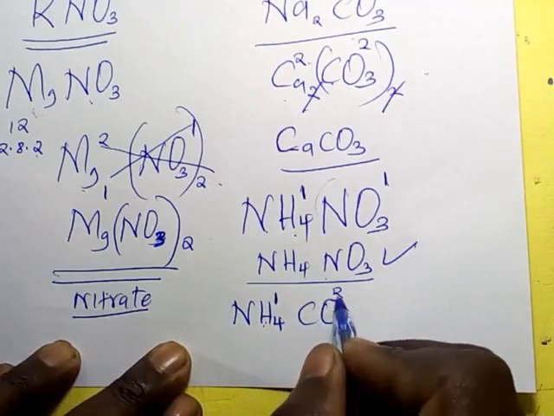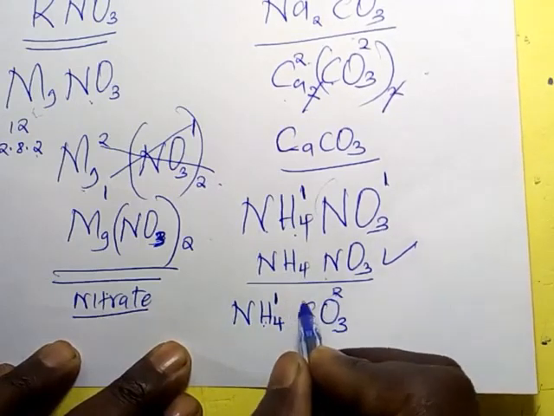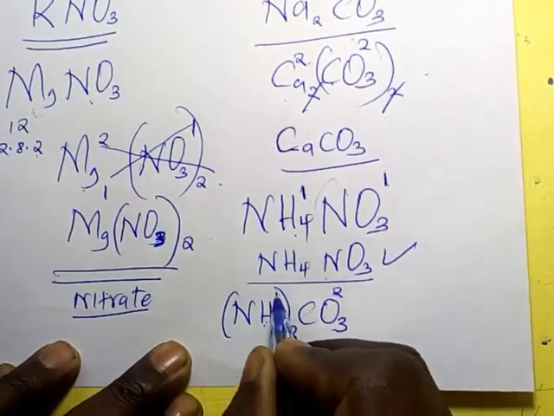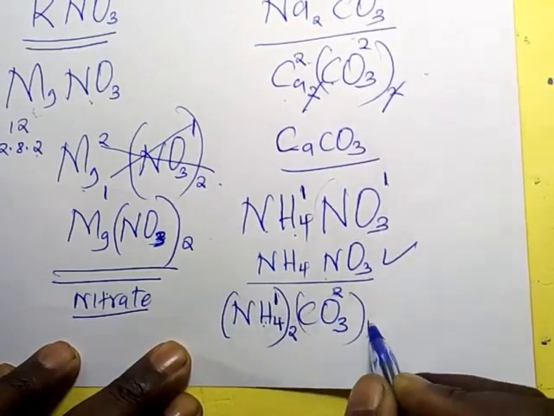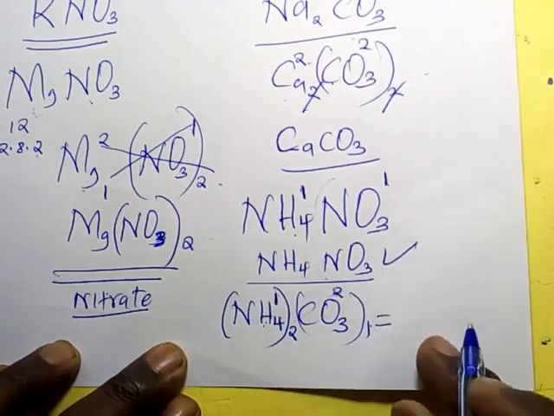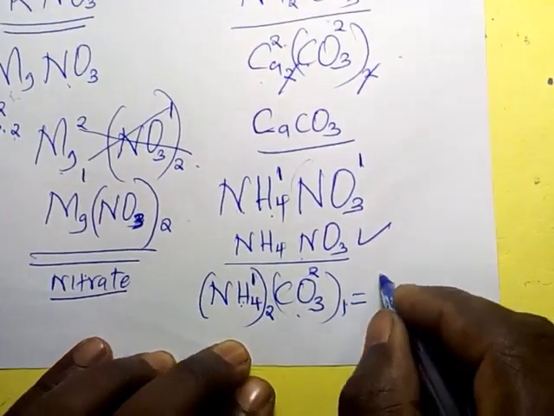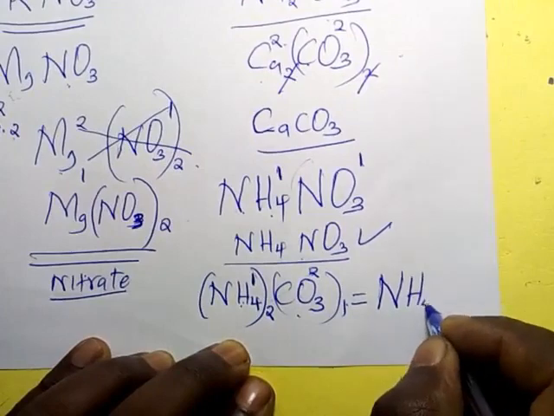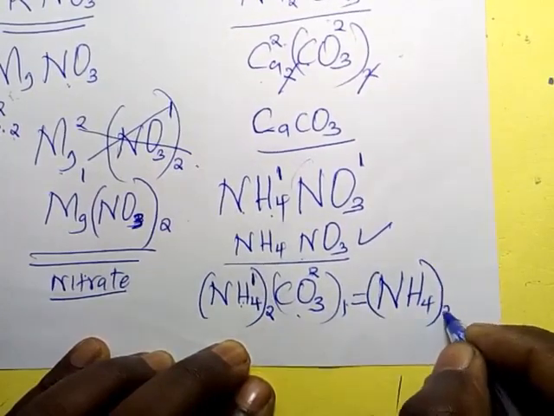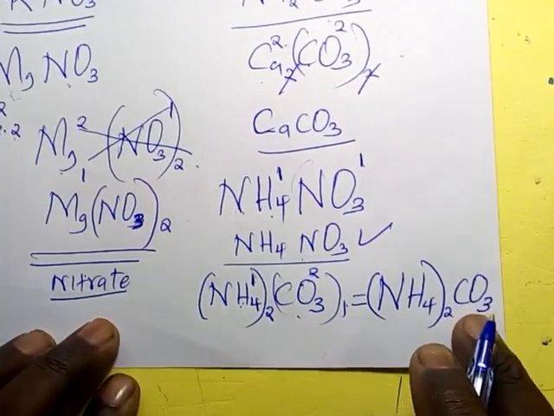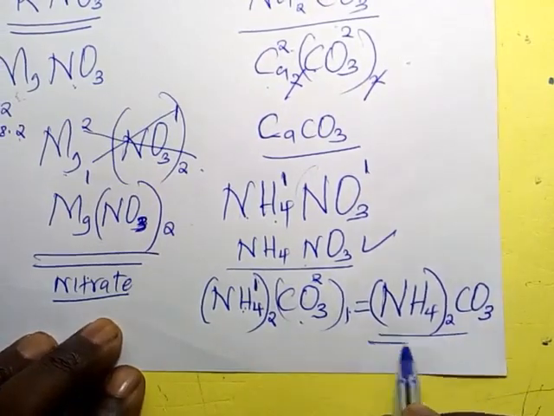So what happens is they exchange. Because there is a 4 here, we must have a bracket to put the 2 here. This 1 will come here, and 1 has no effect. Therefore, the correct chemical formula for ammonium carbonate is NH4 bracket 2 CO3.